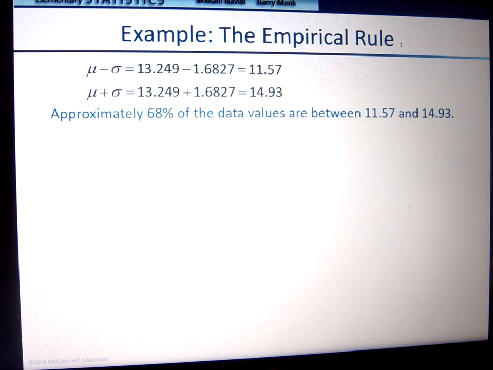Now, if I take my population mean minus my standard deviation and my population mean plus my standard deviation, I'm actually going one standard deviation away from the mean on each end. And I'm going to show you a quick picture of what I mean there.